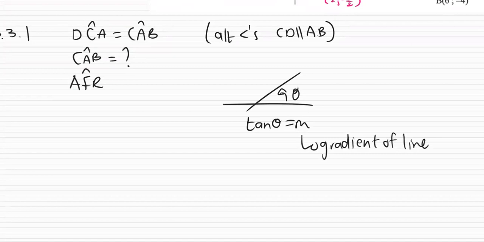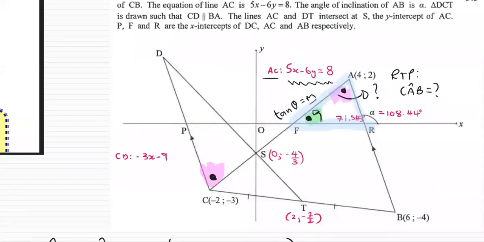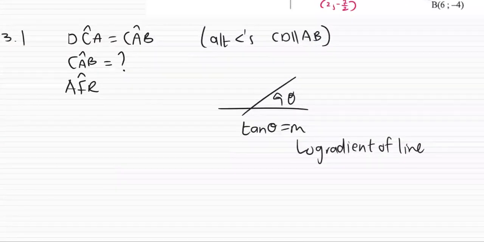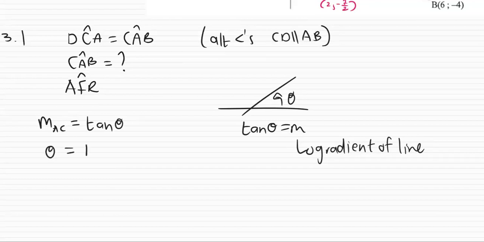Which line are we using? We're using AC. So m of AC is equal to tan theta, and in order to find theta, we take tan to the other side: theta equals tan to the minus 1 of m, the gradient of the line AC.